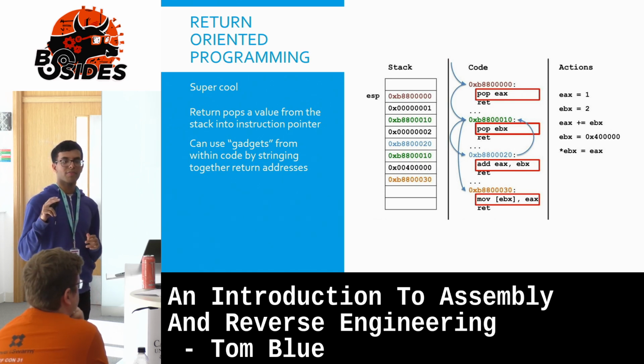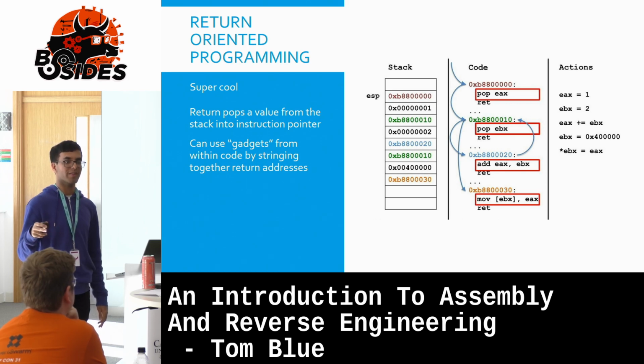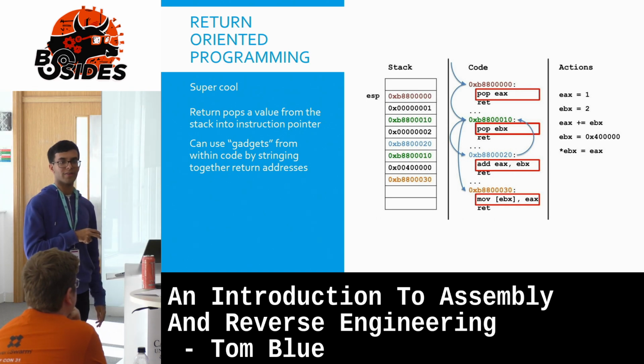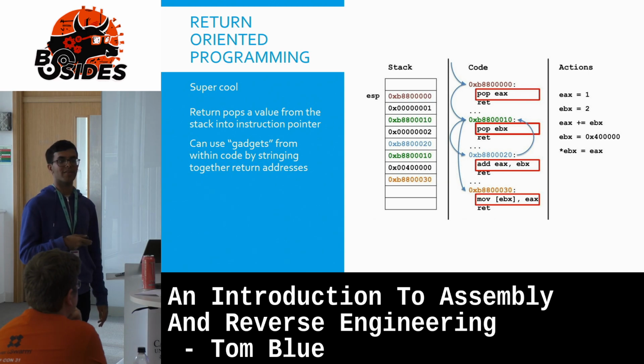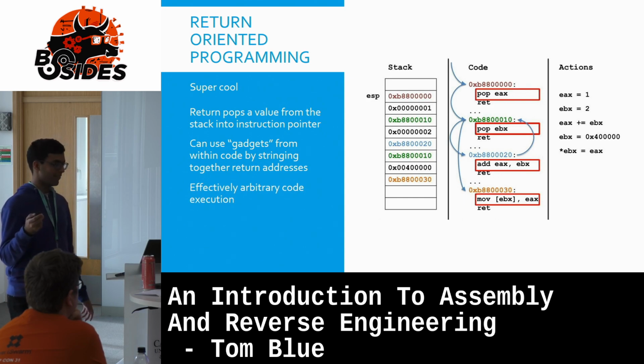You can find a couple lines of assembly which you want to run, which end with a return statement. And then you could have overwritten the next return value, so you string to another part of the text segment, which contains a couple lines of assembly you want to run that ends with a return. And by stringing these together, you effectively get arbitrary code execution, whilst the stack is still non-executable, because the code that's being executed is in the text segment, not on the stack. It's effectively arbitrary code execution.